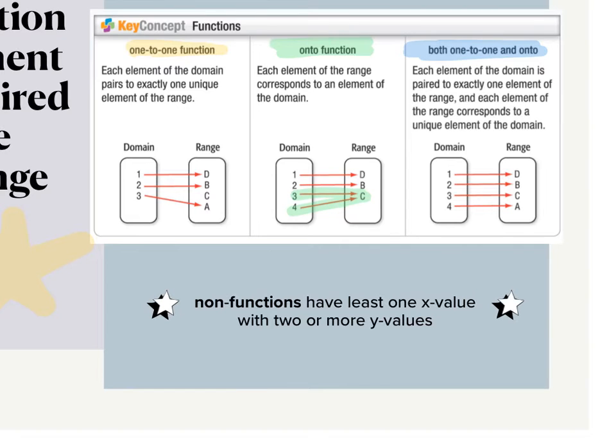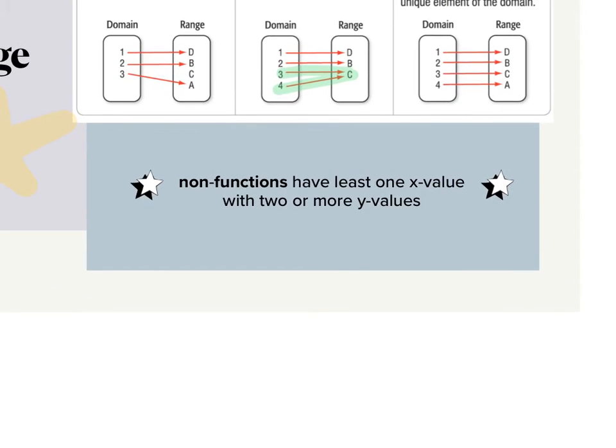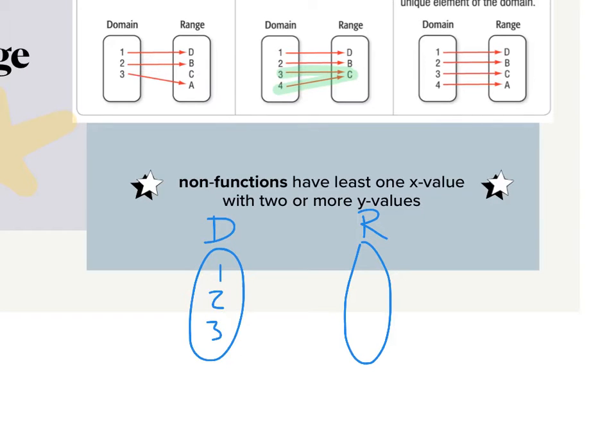In this section, we're going to be determining whether what we're given is a function or a non-function. Non-functions have at least one x value with two or more y values. So if we had our domain and our range, say 1, 2, 3 and 1, 2, 0, and one number in the domain points to two numbers in our range, this would not be a function.